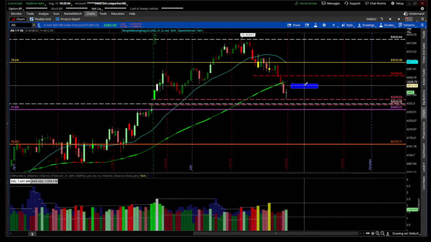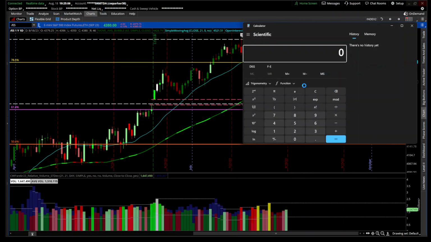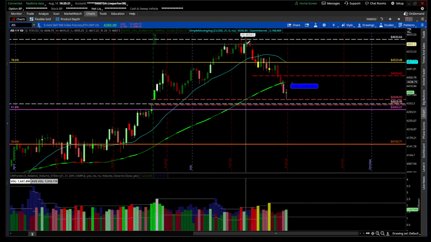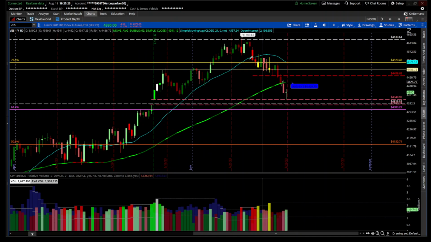The reason why I'm using 63, if you look at it, there's only 252 days that the stock market is open. You multiply that by 25%, you get 63. So that's why I'm looking at the 63 quarterly average.